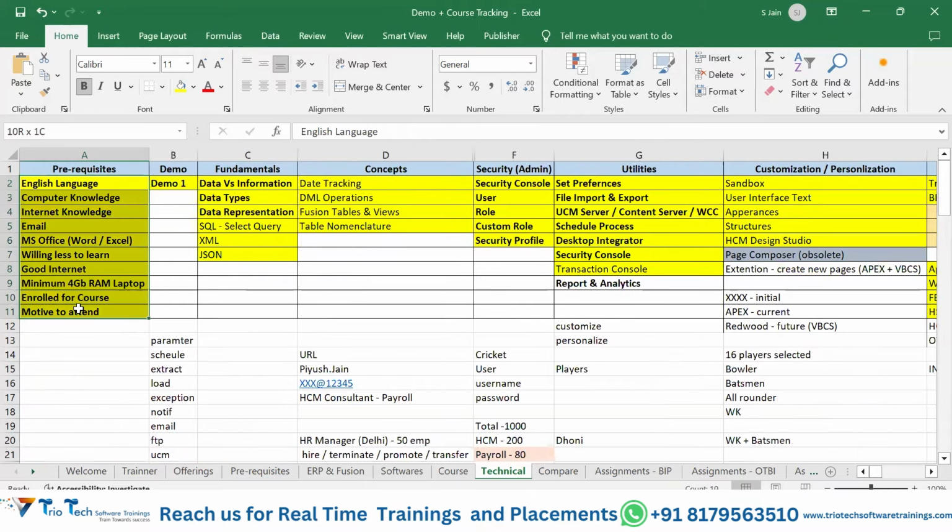I believe everyone should have an understanding of the English language, because we are conducting this training majorly in English. You should have a good understanding of computers and the internet, knowledge of writing an email, and a basic understanding of Microsoft Word and Excel. You need a good internet connection and a laptop, guys.